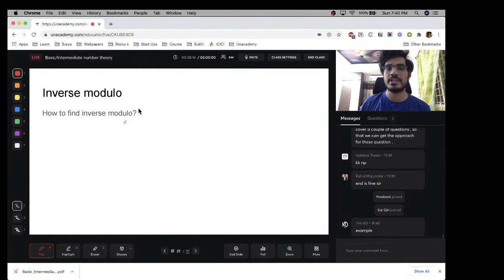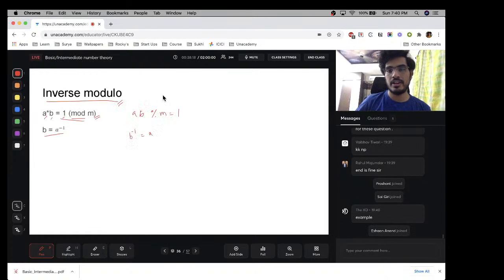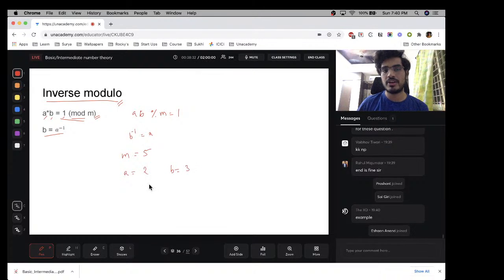Somebody is asking for an example. Let's say m is equal to 5, a equals 2, b equals 3. What is a into b? That equals 6, which equals 1 mod 5.